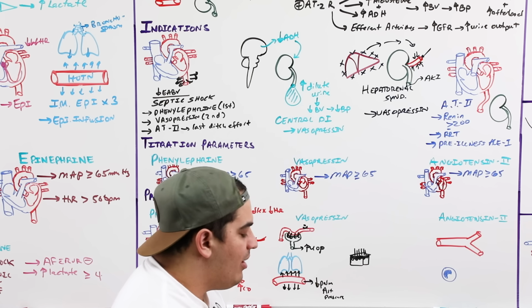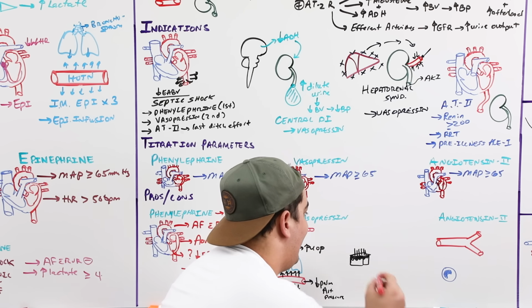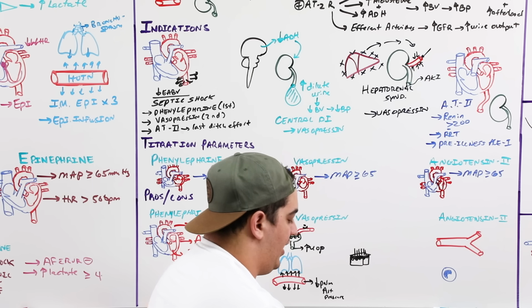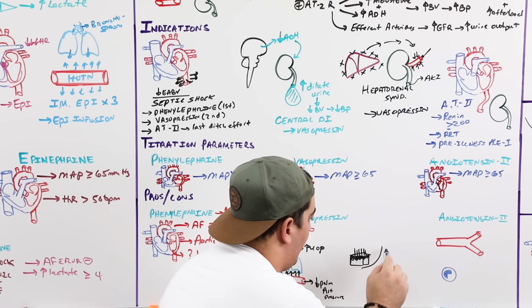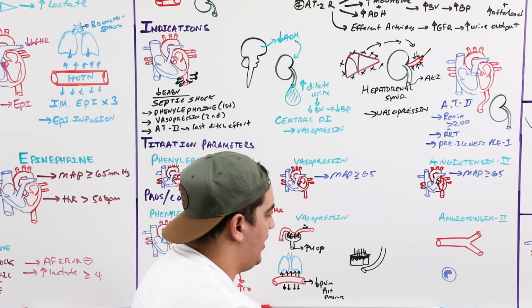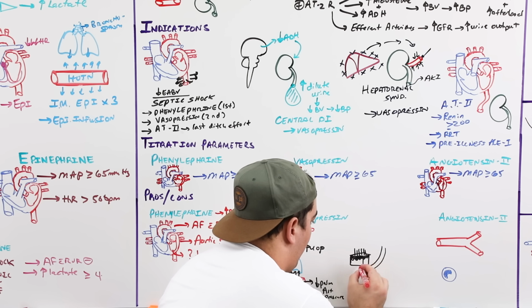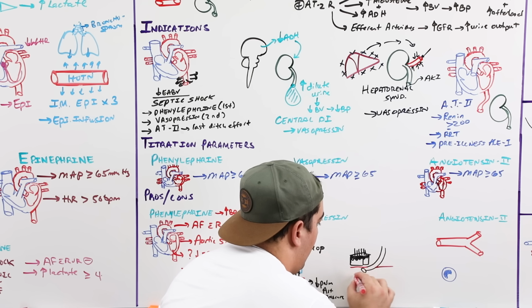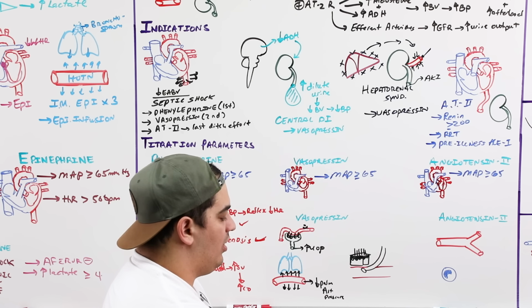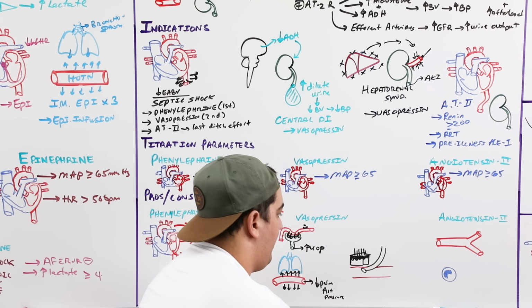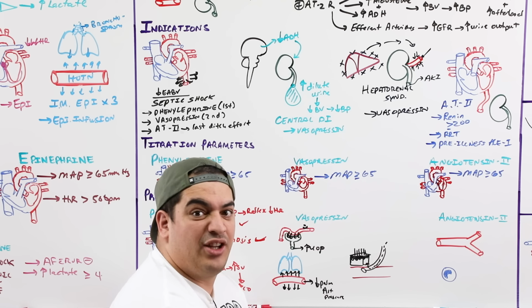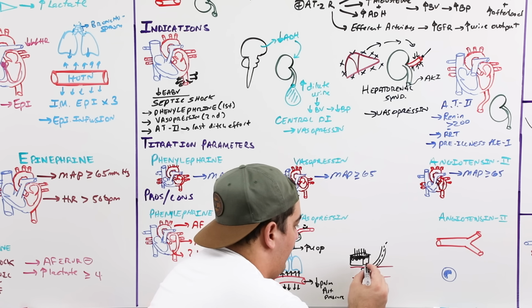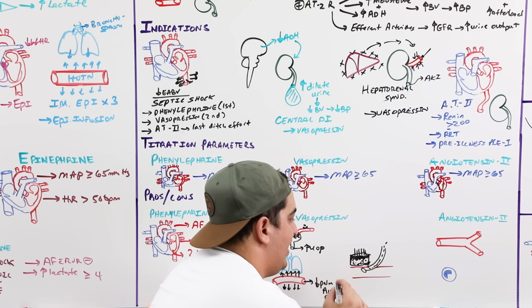But one of the big things, the potential con of vasopressin, is this: if you have an IV, let's say here's your IV, running in through a peripheral vessel, and somehow the drug that you deliver, the vasopressin, leaks out, it extravasates out of the vessel or through the IV, and it gets into the nearby tissues.